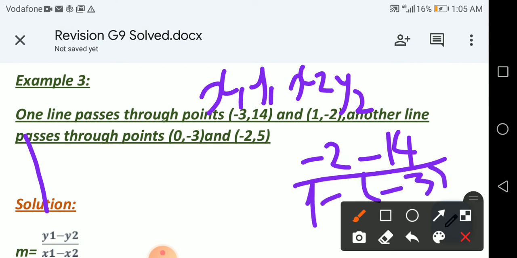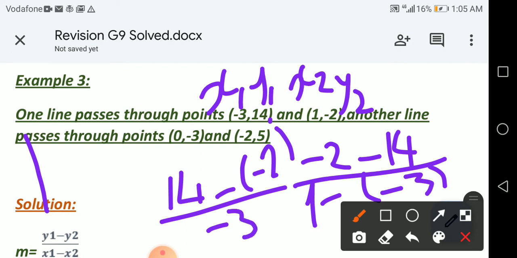And I can also start with 14: 14 minus negative 2 over negative 3 minus 1.